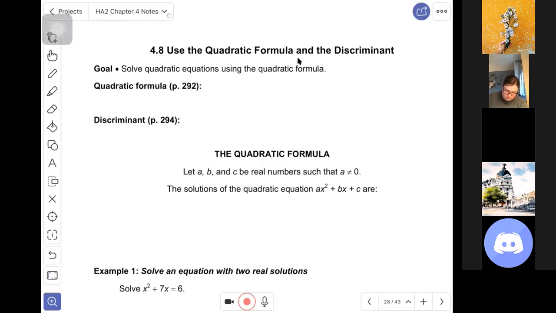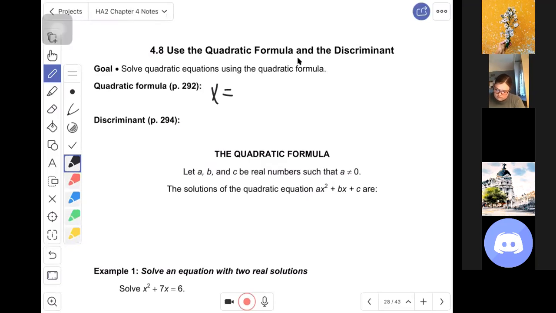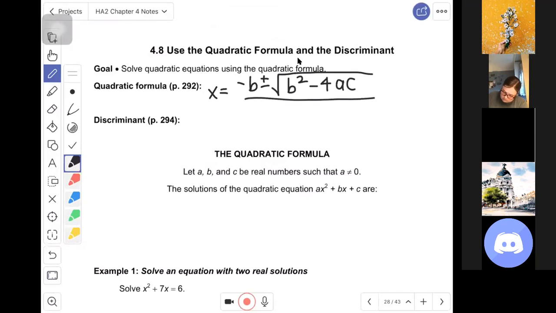We are going to use the quadratic formula. So that formula is x equals -b plus or minus the square root of b squared minus 4ac all over 2a.